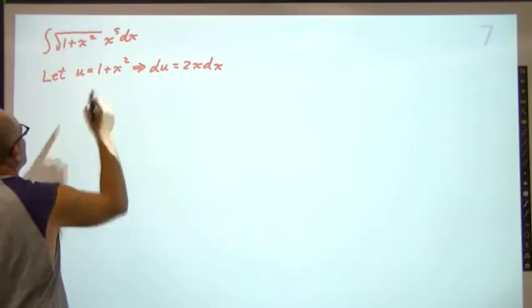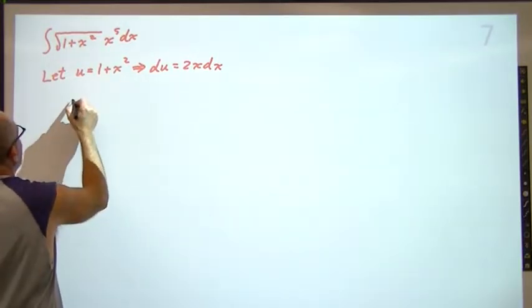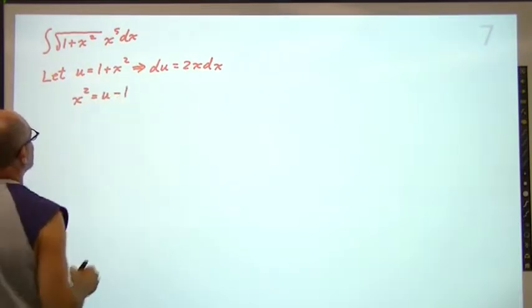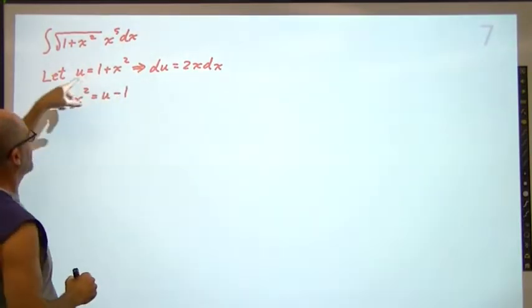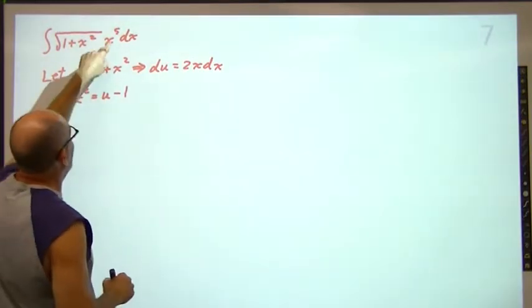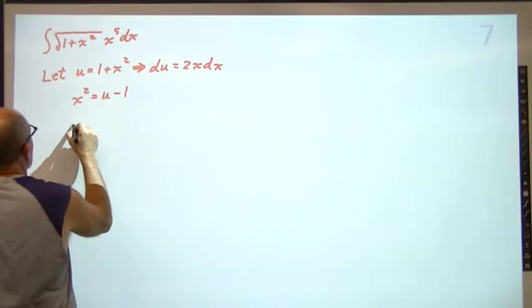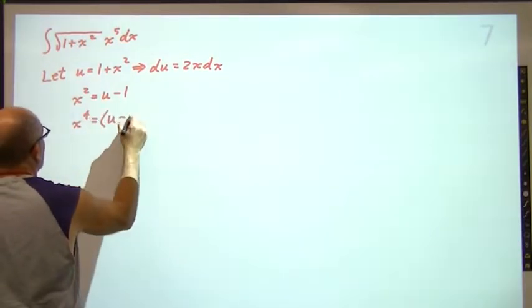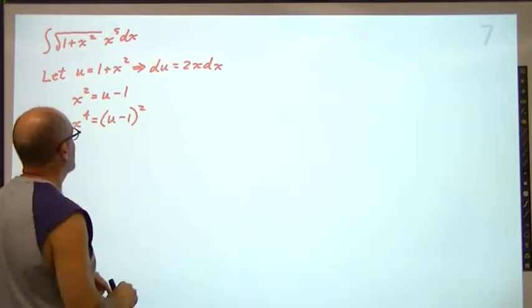If u is 1 plus x squared, then x squared equals u minus 1. Just subtract 1 from both sides. Now I'm going to say then x to the 4th equals u minus 1 quantity squared.